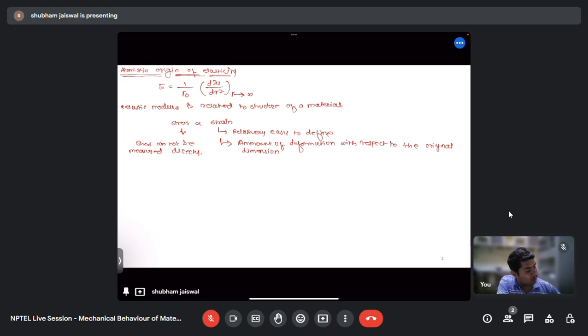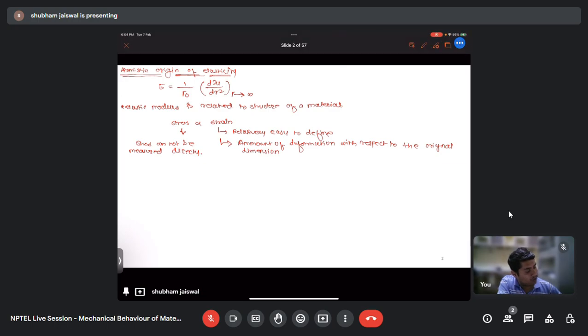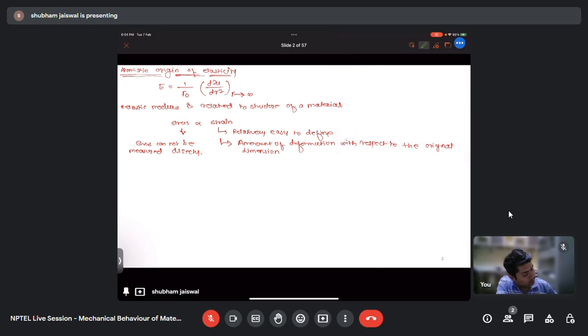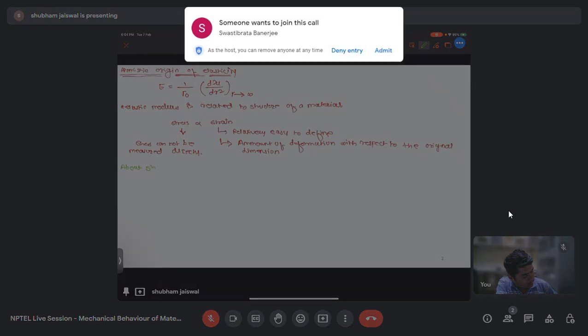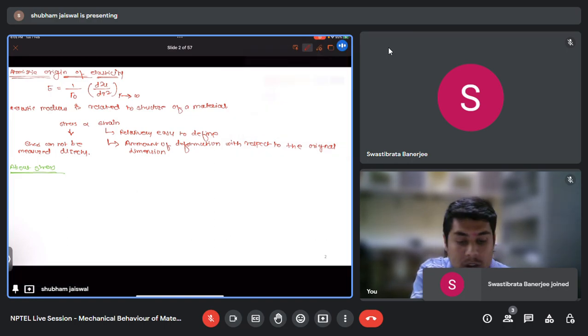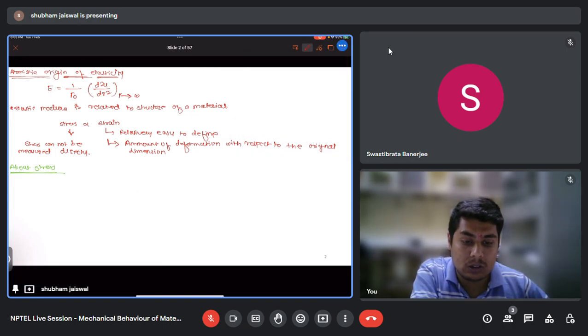Then we discussed the conditions for the stress to be acting on the material.